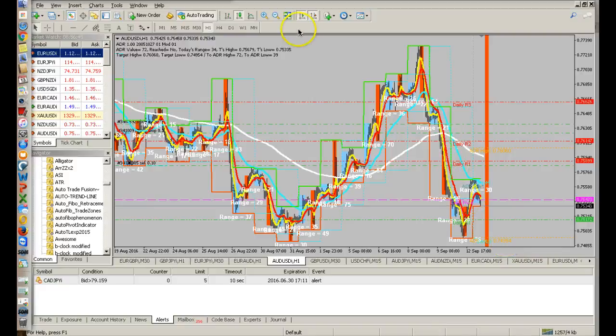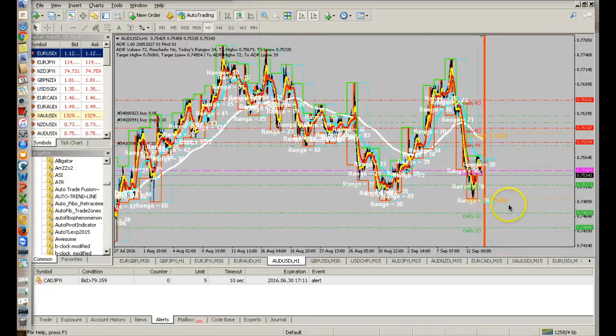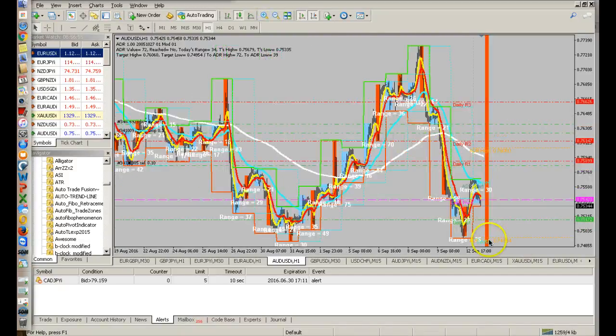A buy limit order. You can place a buy limit down here at support 2 or the average daily range, which was at yesterday's low, which was right here. This was yesterday's low. So it might come all the way back to retest this low and then make a new high.